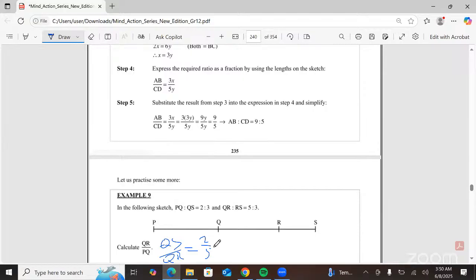Okay. Now, this is a wrong approach that you used. This is what you need to do always when you get problems that give you a ratio.